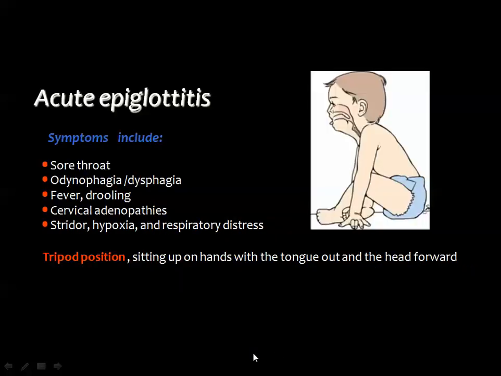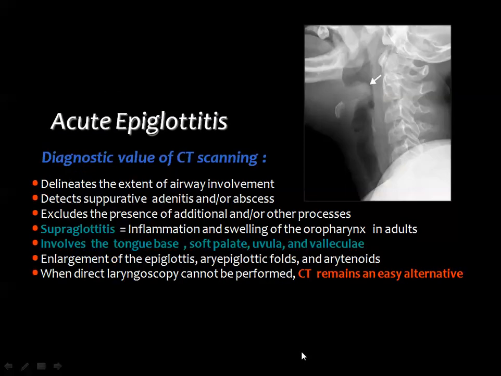And the symptoms will include sore throat and dysphagia, fever, drooling, cervical lymphadenopathies, stridor, respiratory distress, and this is a frequent position which is known as the tripod position in children, which reflects the respiratory distress of the patient, sitting up on the hands with the tongue out and the head projecting forward.